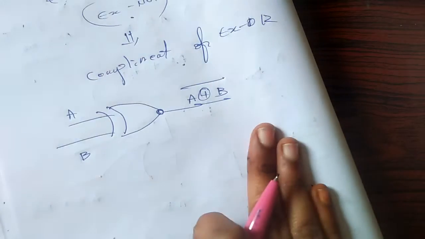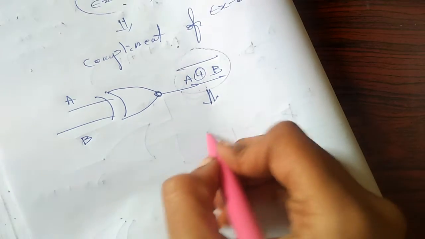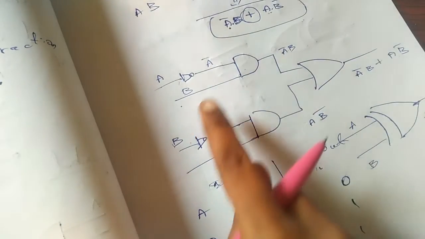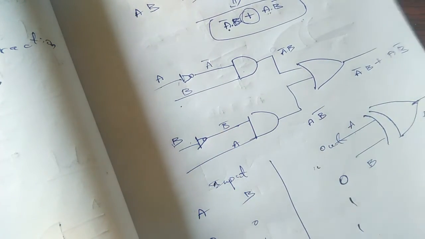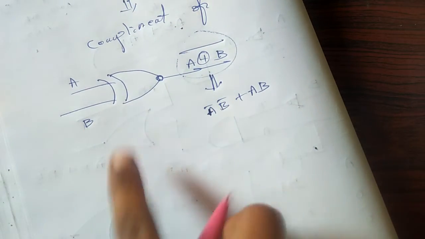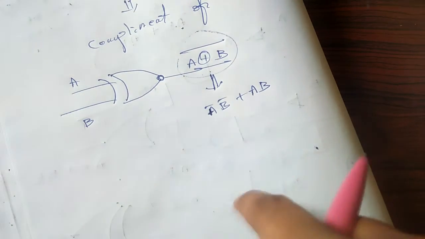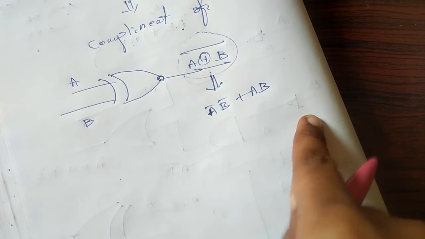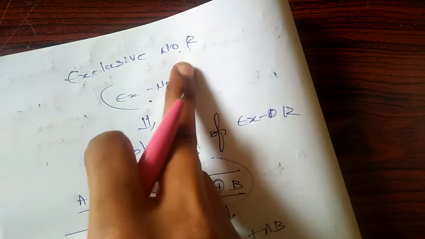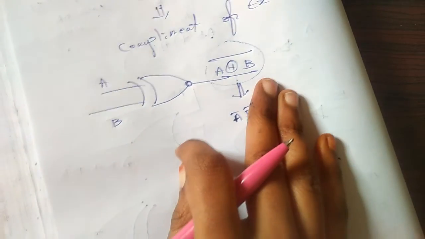Then the equation is A bar B bar plus AB, so you also have to change the inputs here. First we put two NOT gates for one AND gate, and the other AND gate will be simply AB. Then you give those to the OR gate, and put one NOT gate to represent this equation, that is, to represent the XNOR gate using the basic logic gates.